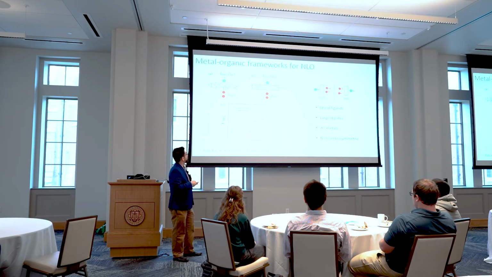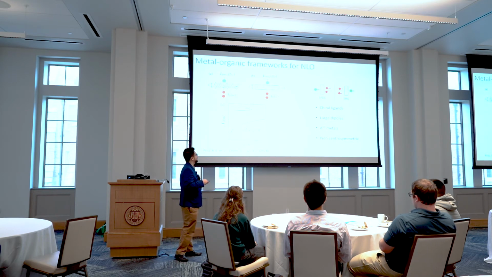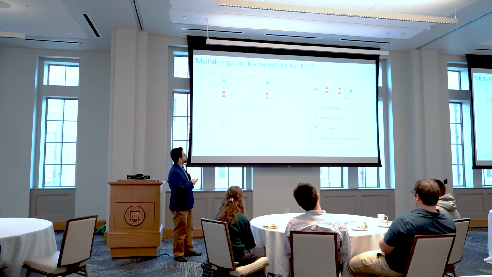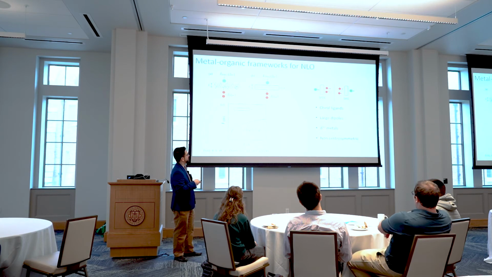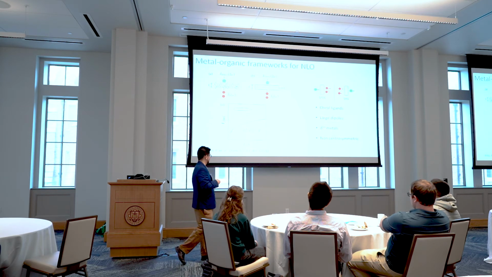So we have, from literature, some idea of what are going to be some good properties for the materials. So things like chiral ligands, large dipoles, d10 metals, and non-centrosymmetric structures are going to give rise to these nonlinear optic properties. It's called spontaneous parametric down conversion, when one photon comes in, two come out, and this conjugate process is called second harmonic generation, where two photons come in and one comes out.